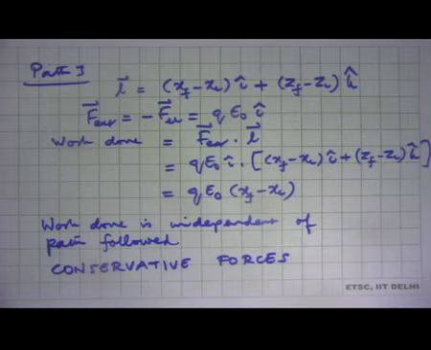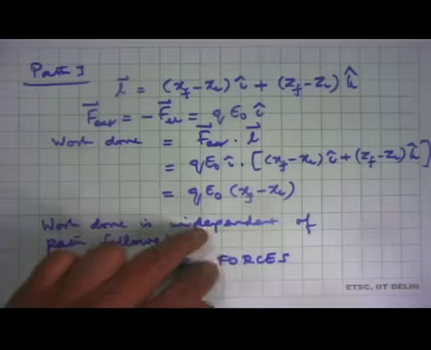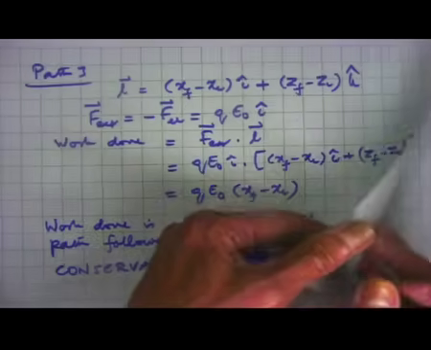Gravitational force is also a conservative force. The work done in moving a mass from one position to another position is independent of the path taken, and it is an example of conservative force. So, if you have to take a charge from one initial point to another final point, it does not matter what path you follow.